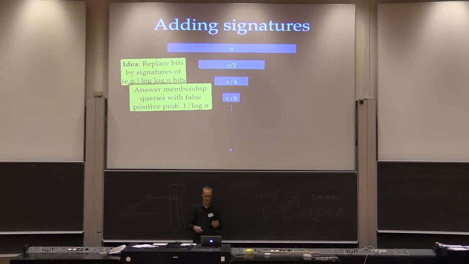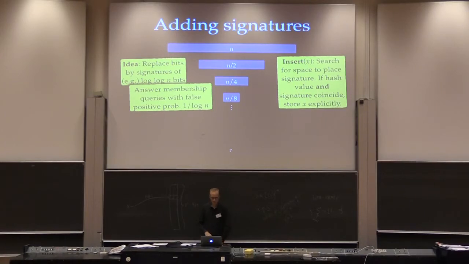Okay, so it's kind of a different trade-off. But the reason that I really showed this is that this actually works in a dynamic setting. So we can actually insert new things. Suppose we want to insert a new key. What we do is we start at the top level.